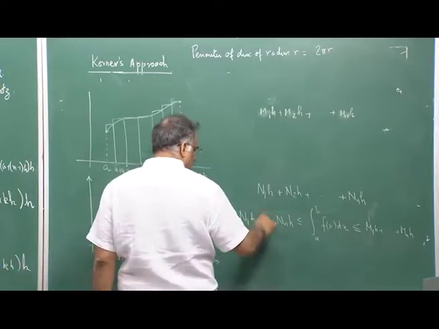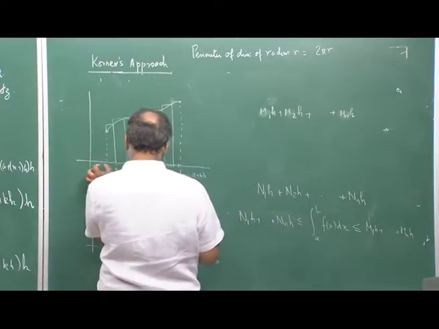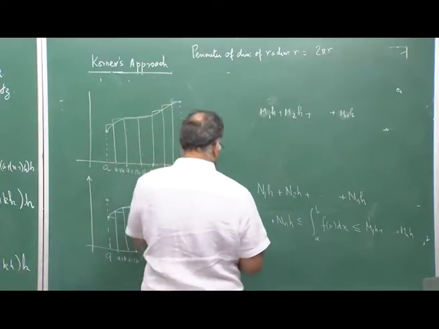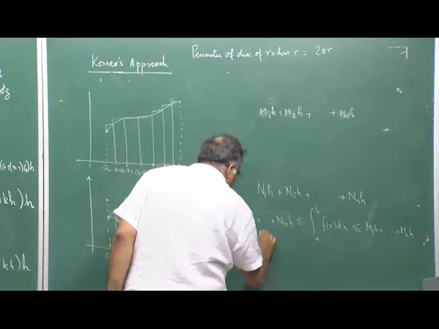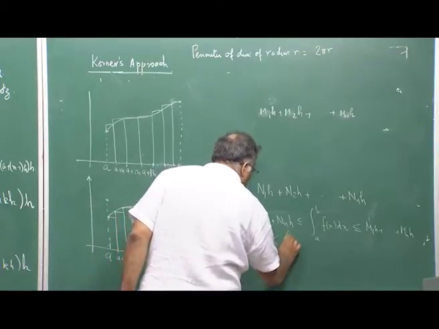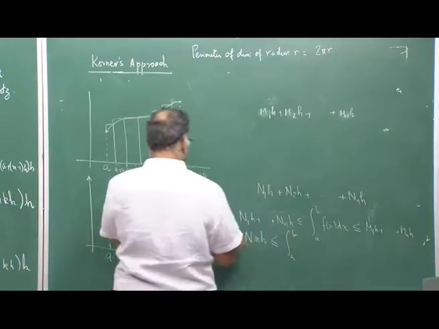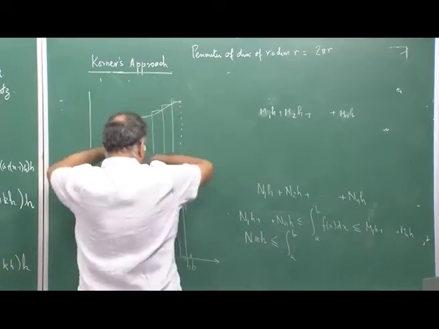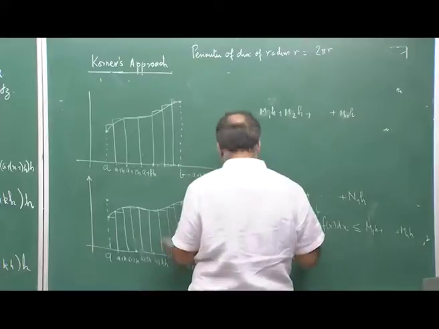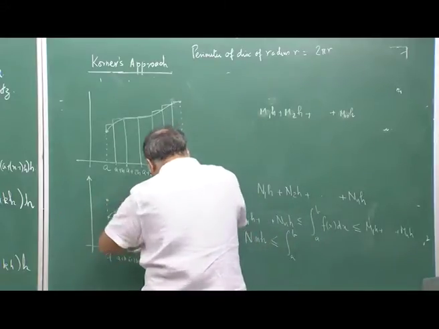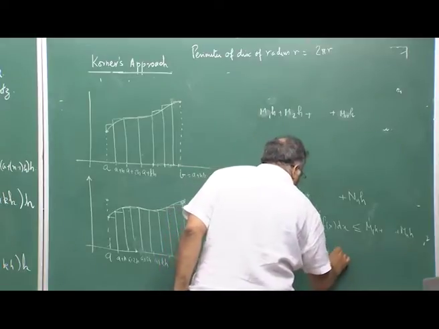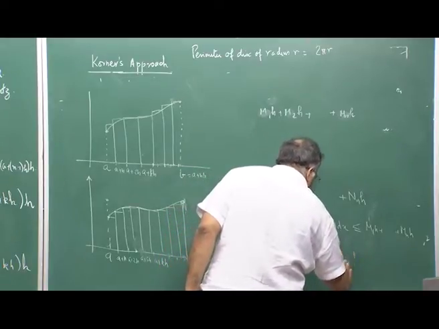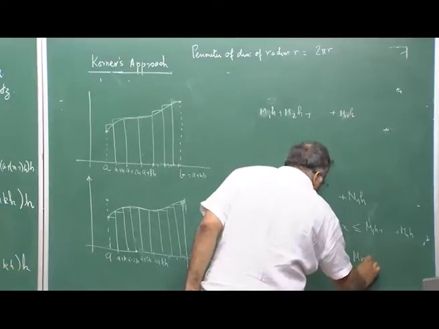I put m, h, but if I add these h's up, so what will happen? I will have m of nh is less than or equal to the integral from a to b, where m is the lower bound of the function over the whole interval ab, and M is the upper bound of the function over the whole interval ab, and this would be less than or equal to M nh.